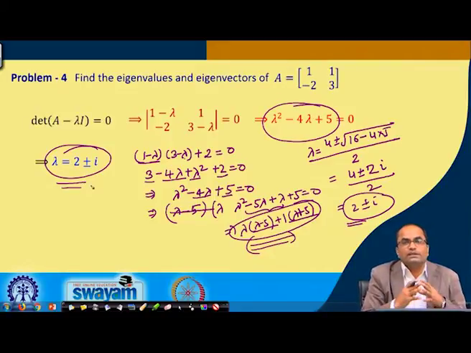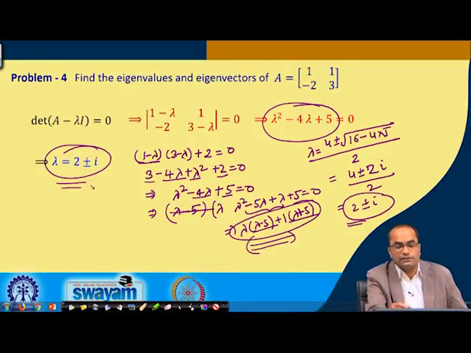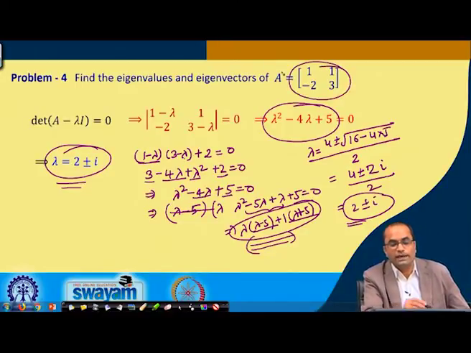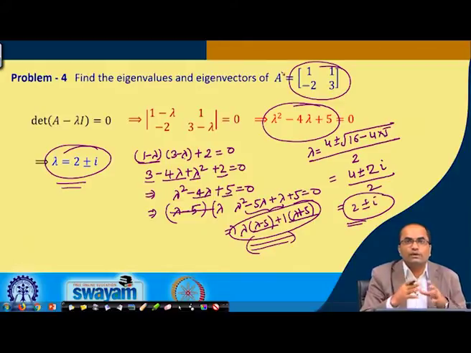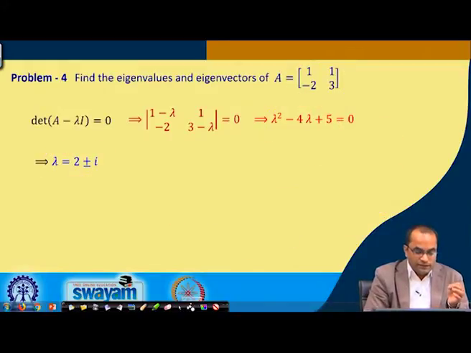What is interesting in this example is that we are getting 2 complex values for the eigenvalues, though the matrix here was a real matrix. We had the entries 1, 1, minus 2 and 3, but we are getting 2 complex values for the eigenvalues.